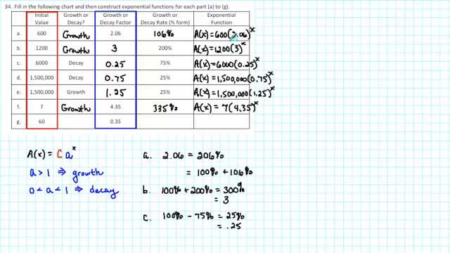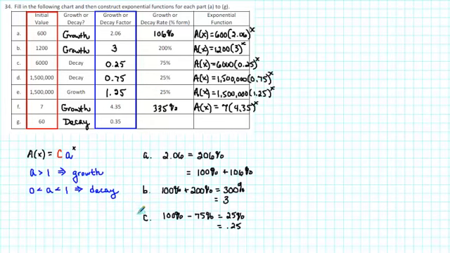Finally, for part G, we're given an initial value of 60 and a growth or decay factor of 0.35. Well, 0.35 is a number less than 1. Therefore, this represents exponential decay. 0.35 as a percentage is 35%. That means that 35% remains after one time period.